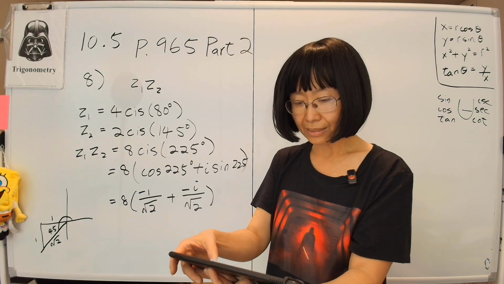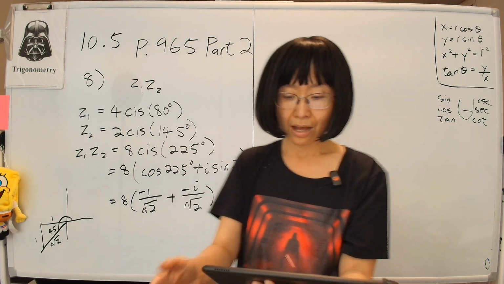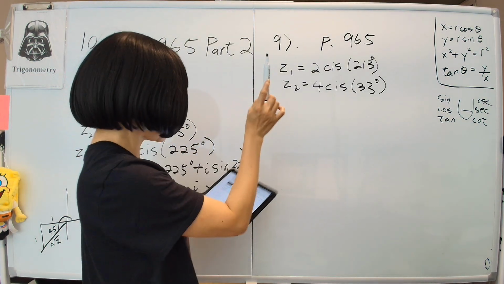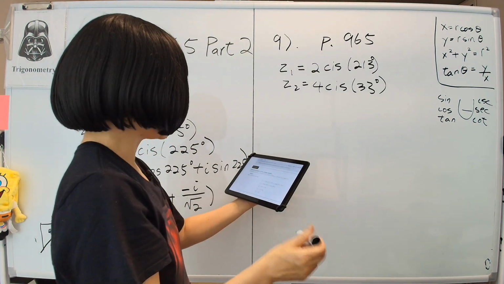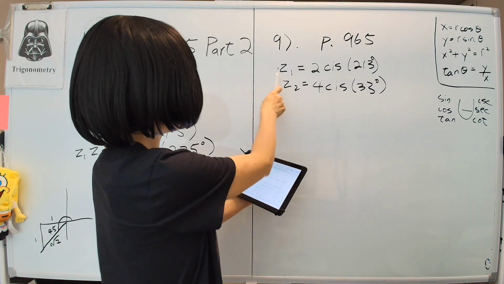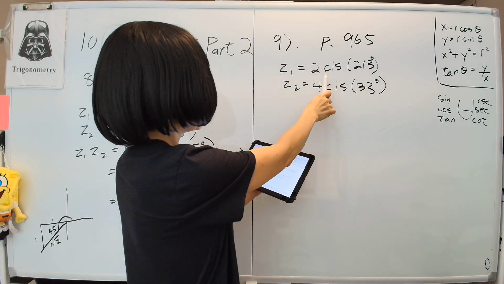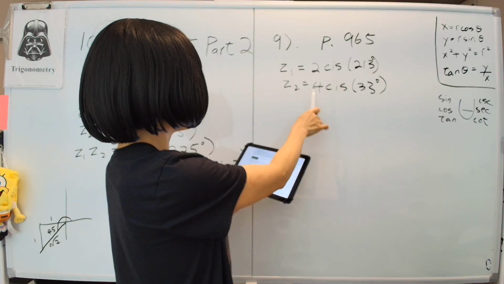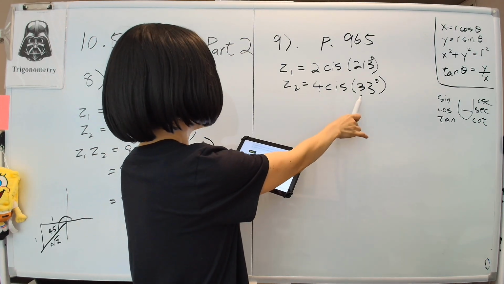So knowing that, let's look at example 9 on the next page. I have written down example 9 right here on page 965. Z1 is 2 times CIS 213, and Z2 is 4 times CIS 33.